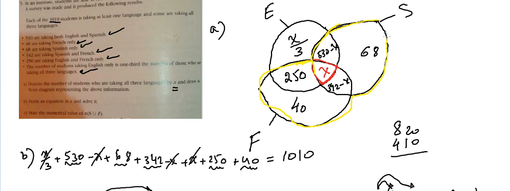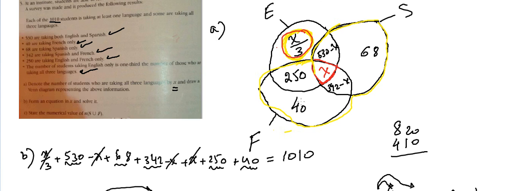Instead of adding all those inside the yellow one, what is the number of students in all the class? It's 1010. The only part outside my set is X over 3. So simply, the students taking Spanish or French are all the 1010 students in the class, except this one over here.